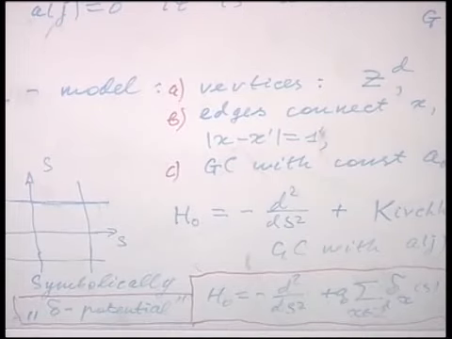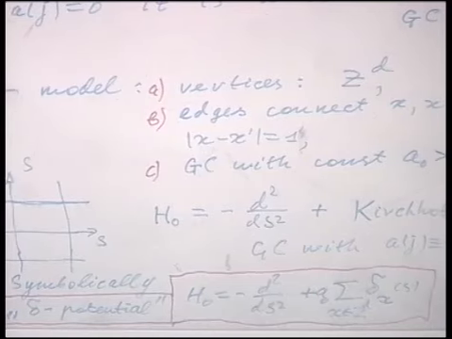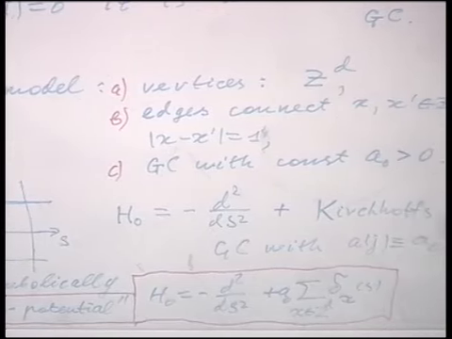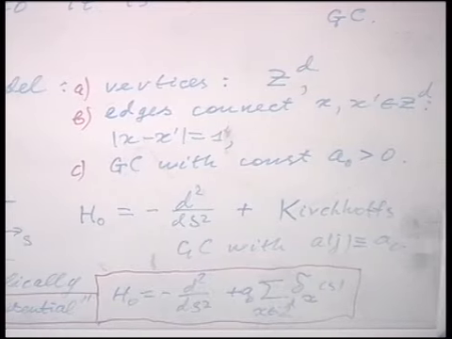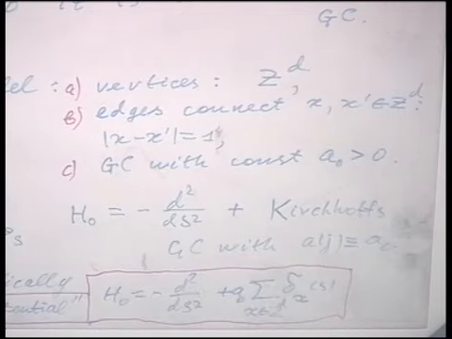Of course, it's necessary to use s with some indexes to describe different edges, but I will use one letter s. And the Hamiltonian H naught is the negative second derivative with respect to s squared plus Kirchhoff gluing conditions.